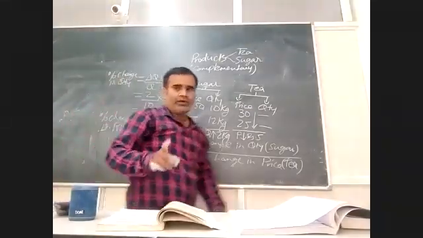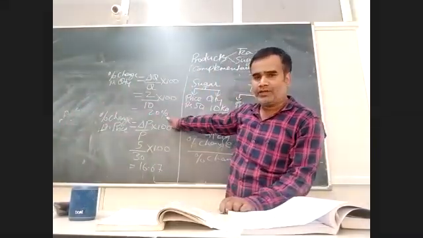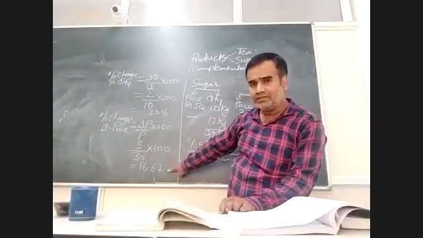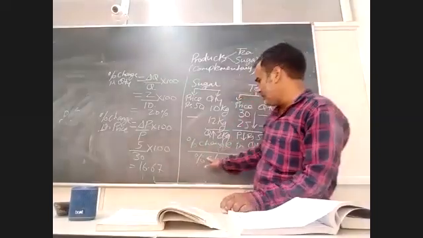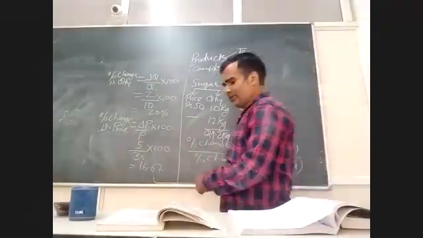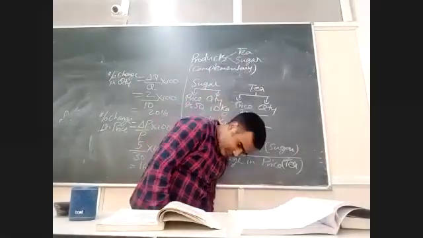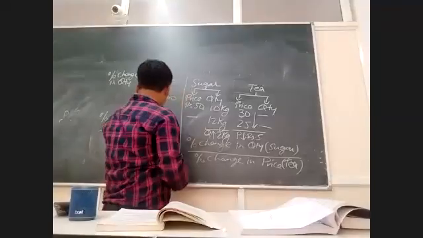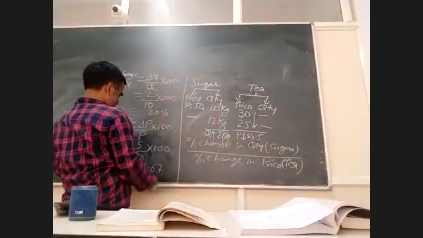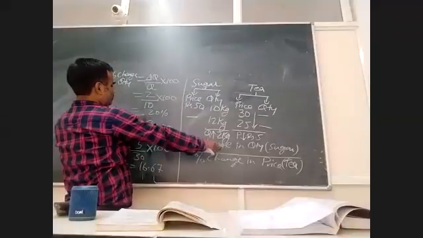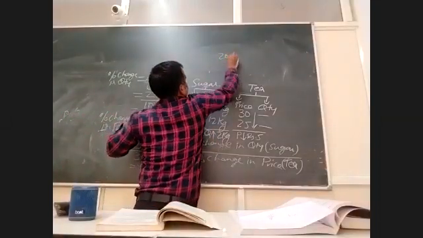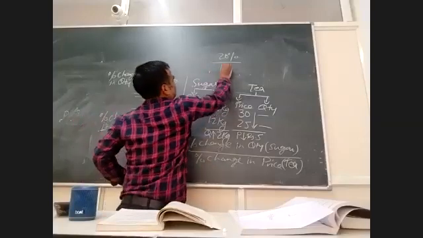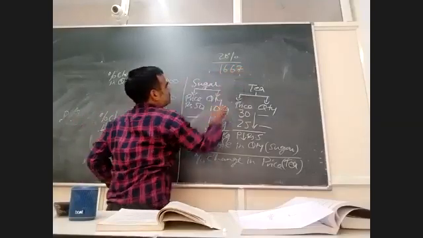So now we have got percentage change in quantity 20% and percentage change in price 16.67%. So now we'll apply the formula. The same formula: percentage change in quantity, that is 20%, divided by percentage change in price, that is 16.67%.